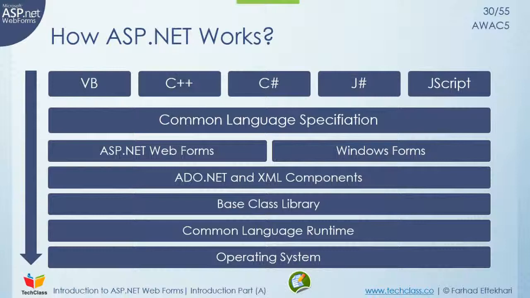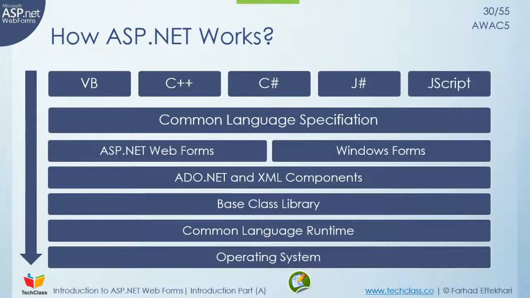To find out how ASP.NET works, here's a simple figure that you can see, and you can search online to find out more about this process. We're not going to get very deeply into this topic, but to get more familiar with it: first we write our code in whatever language you're familiar with that is compatible with the .NET Framework. Then when we compile our project, the code is sent to the common language specification.